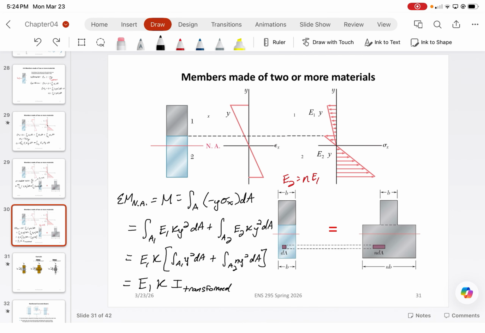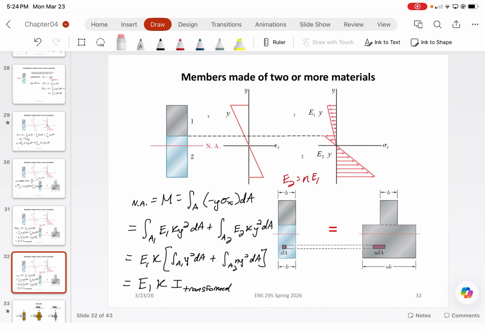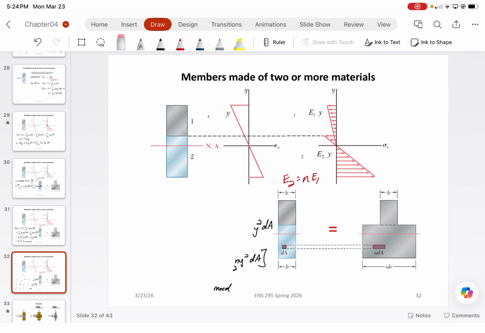So just as a summary, let's erase all of this. What we want to do for transformations is transform material 2 using n equal to E2 over E1.